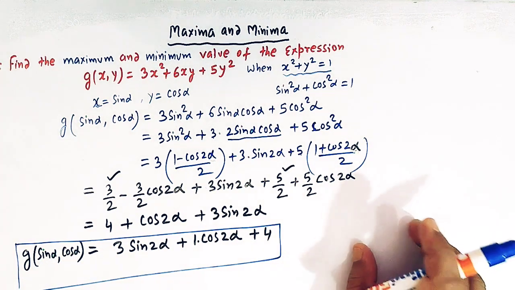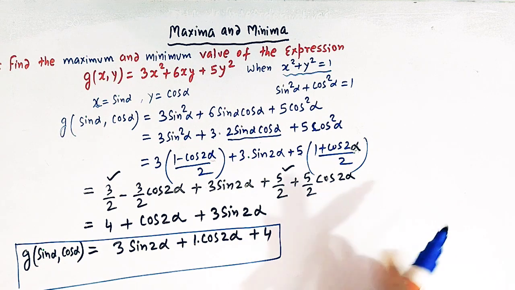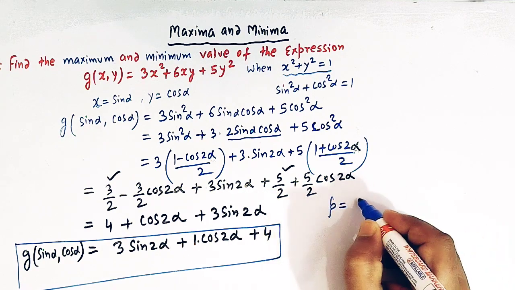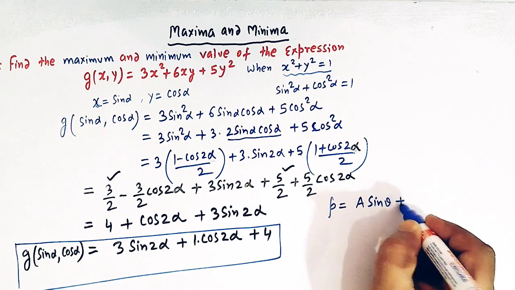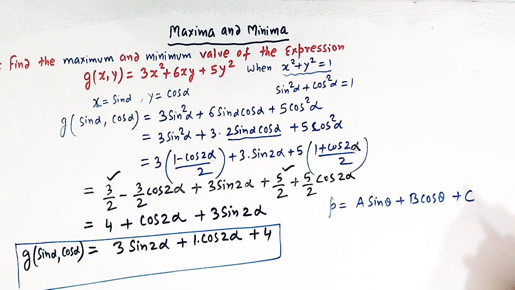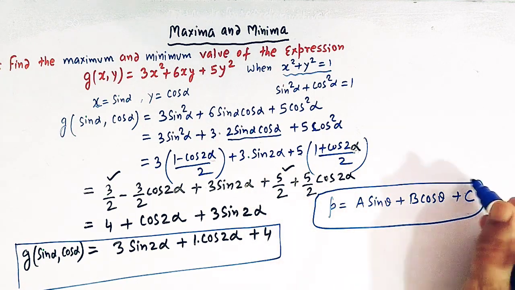Now let us make use of one important result from trigonometry, right? Let us consider an expression P which is equal to A sine theta plus B cos theta plus C, right? So suppose we have an expression of this type, right?